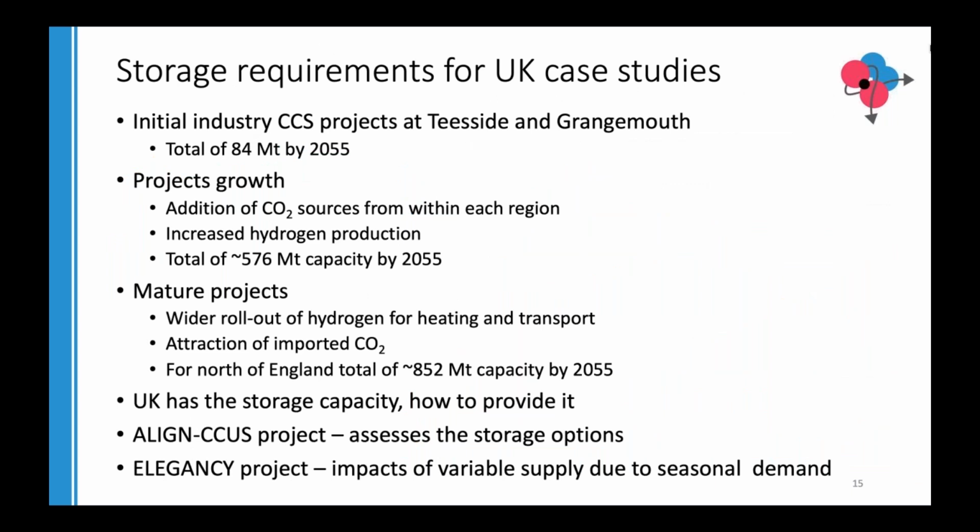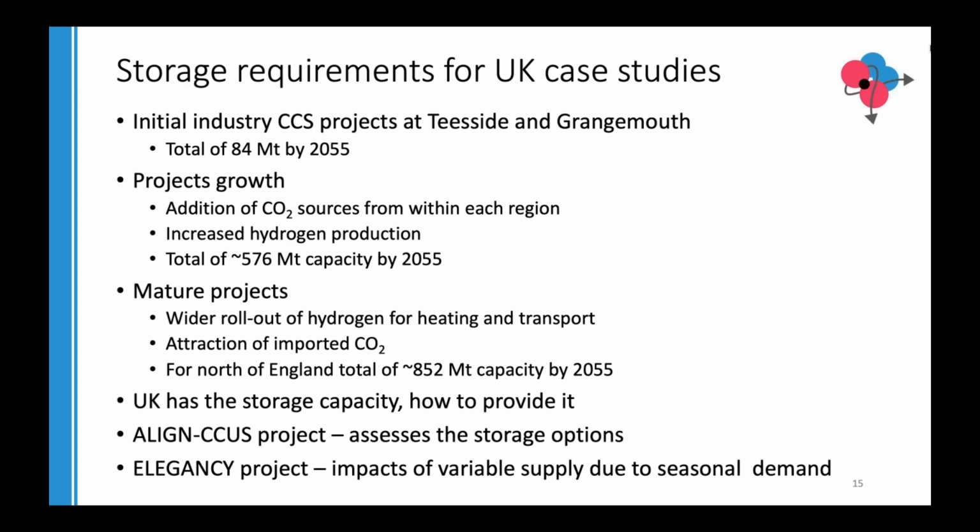So the storage requirements then for initial industrial projects at Teesside and Grangemouth was estimated to be around 84 million tonnes by 2055, with increasing capture from a broader region, a broader hinterland from those projects, and the initiation of hydrogen production in those regions.